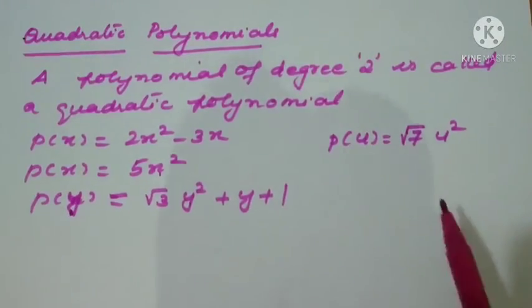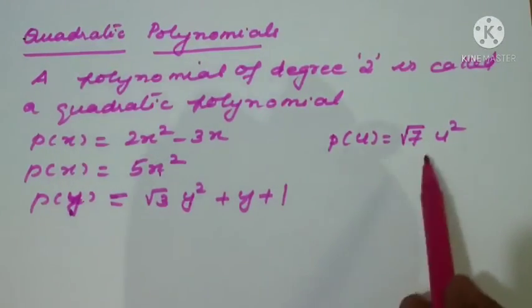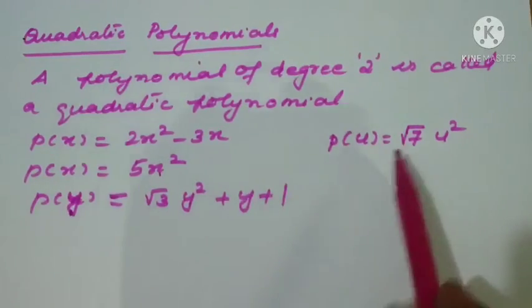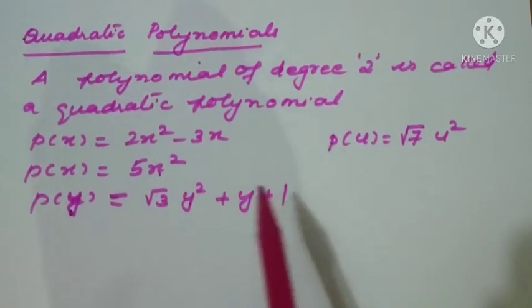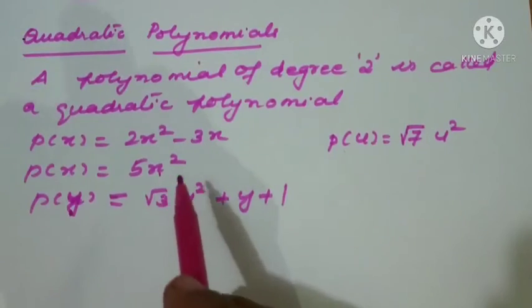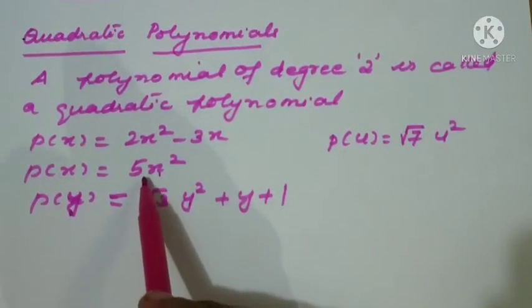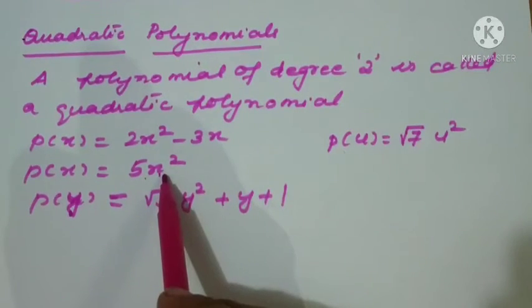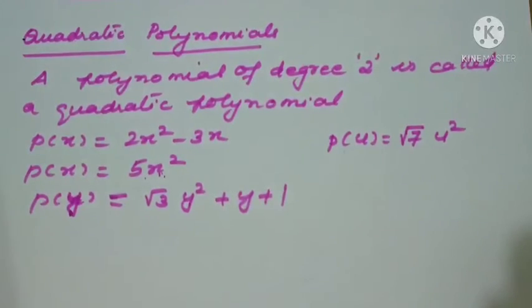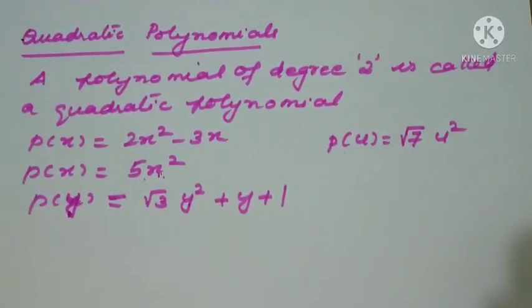So what it shows is that the degree, the highest power of the variable, in all 4 cases is 2, and it does not matter whether it is a monomial, binomial or trinomial. When we are using 5x square, it's a monomial, only one term is there, but the degree is 2, so it is an example for a quadratic polynomial.